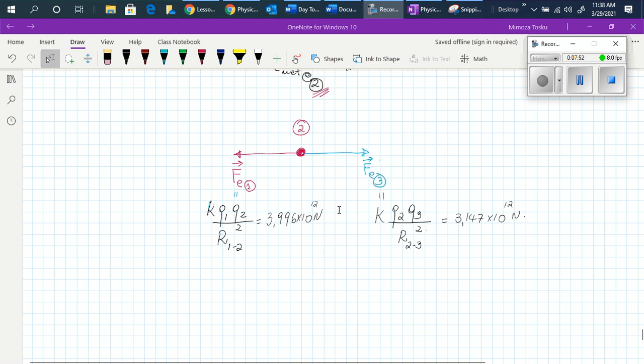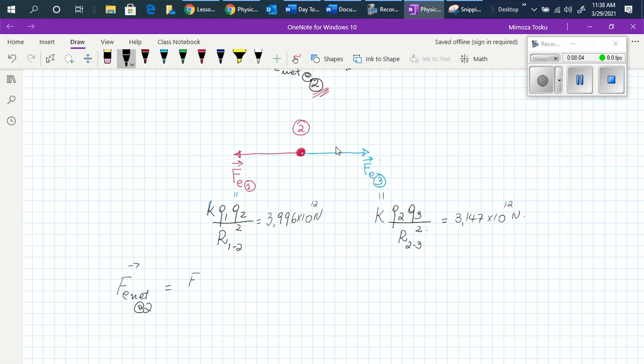So now what we are looking for is the electrostatic force net. And like every net, the electrostatic force net at 2 is the vectorial sum of all the forces that the object is experiencing. So it will be FE1 and FE2.